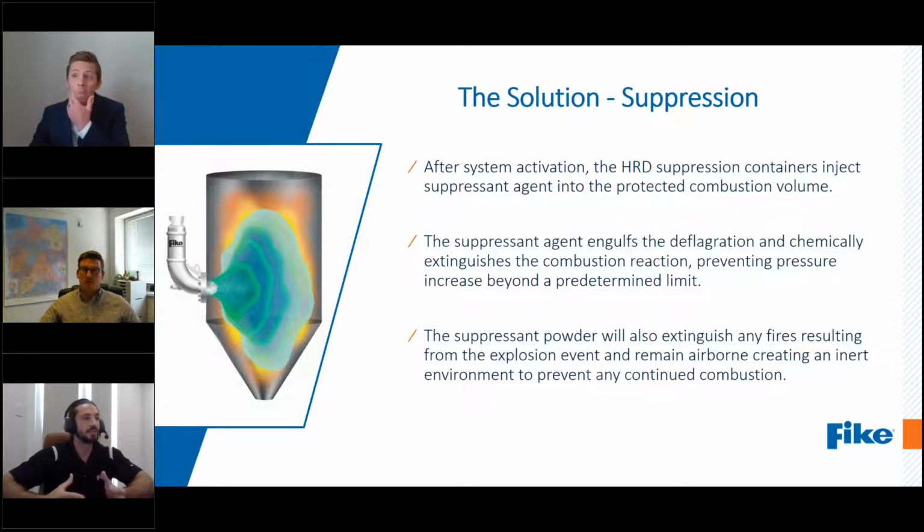That suppressant agent engulfs the deflagration, chemically extinguishes the combustion reaction, absorbs a lot of heat away from that combustion chain reaction, and prevents pressure increase beyond a certain predetermined design limit. The suppressant powder will also extinguish any fires resulting from the explosion event, and it will remain airborne, creating an inert powder environment to prevent any continued or sustained combustion after the initial primary event has occurred.